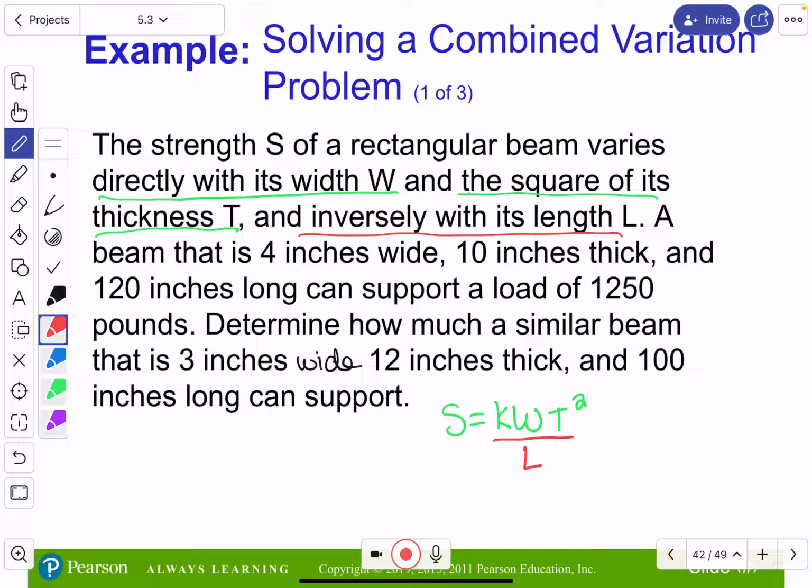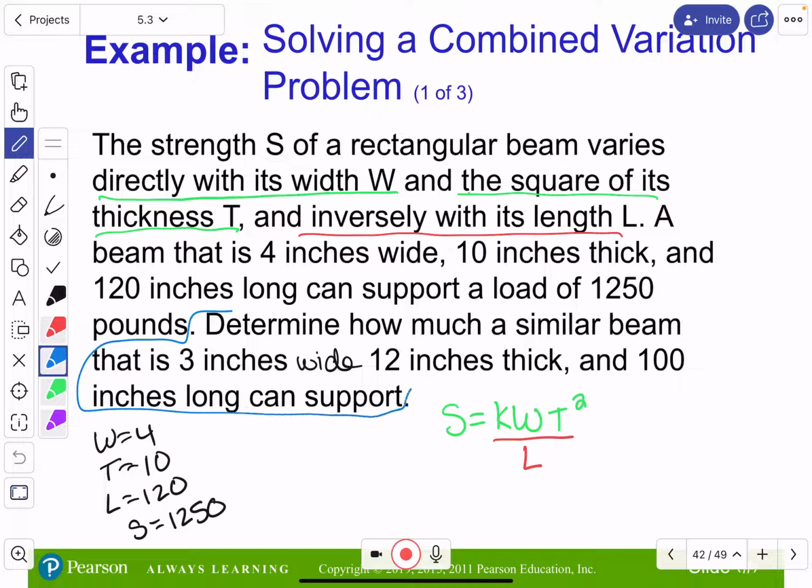You just go by directly what it says. A beam is 4 inches wide, so W equals 4, 10 inches thick, 120 inches long, and can support a load of 1,250 pounds.